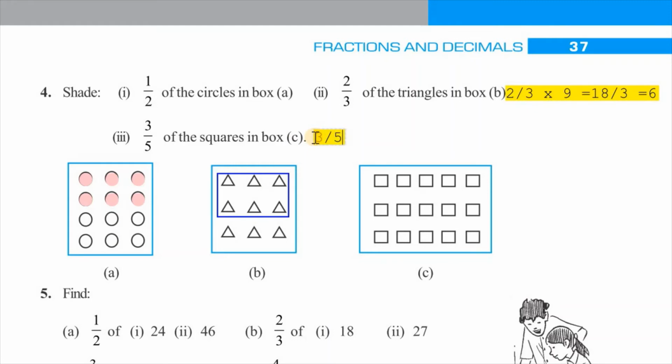So we need to find what is 3/5 of 15. How do we do this? We multiply it by 15. And this is going to be 45 by 5, which is nothing but 9. So we need to shade 9 of these rectangles. Again, let me just put a bigger rectangle over them so you know how many of them to shade.